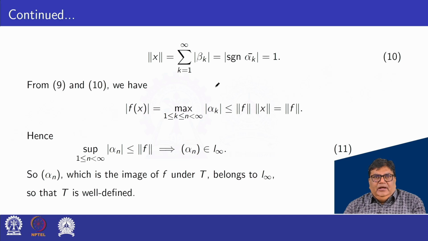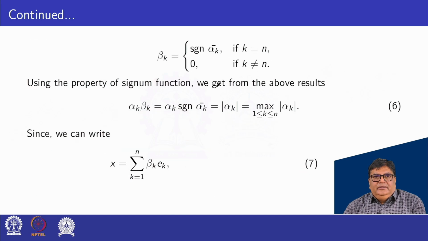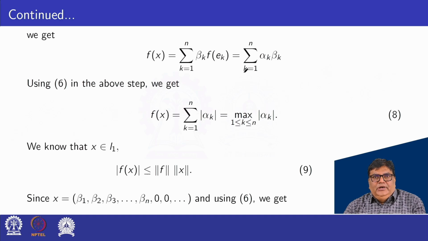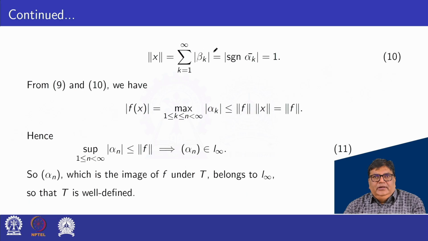Add this property: beta k, if k is equal to 1, then signum function of alpha k bar, otherwise 0. So only one term here, signum alpha k bar. Here modulus, so the value of this is modulus of signum alpha k bar. Modulus of signum alpha k bar is 1.